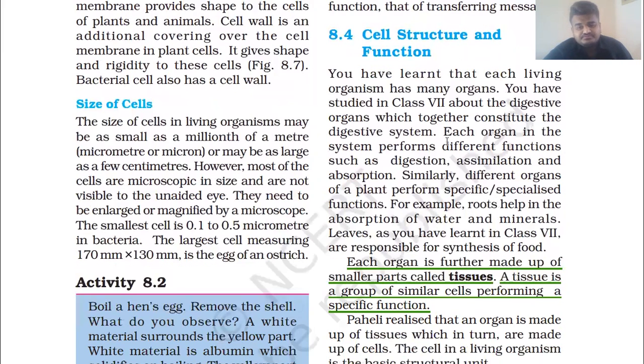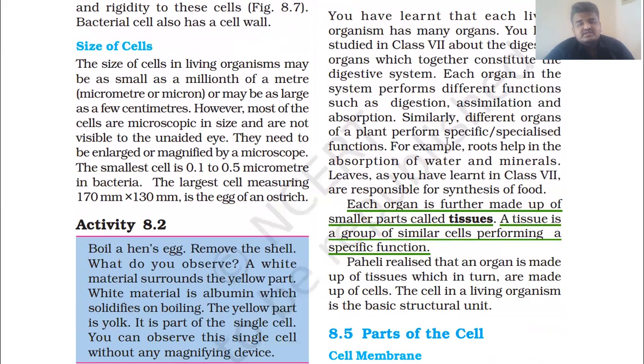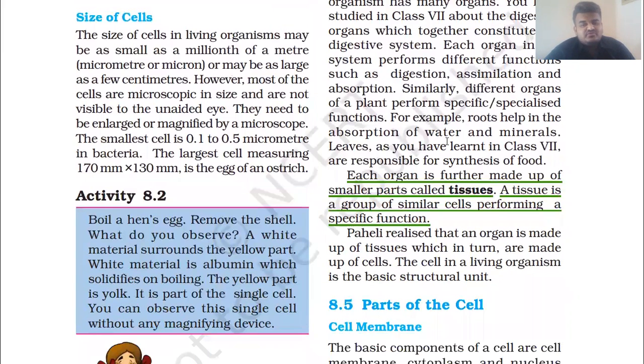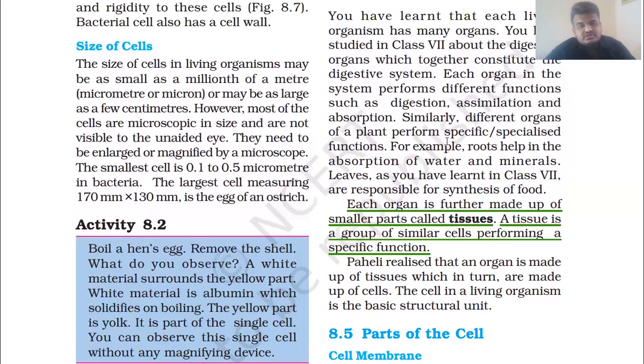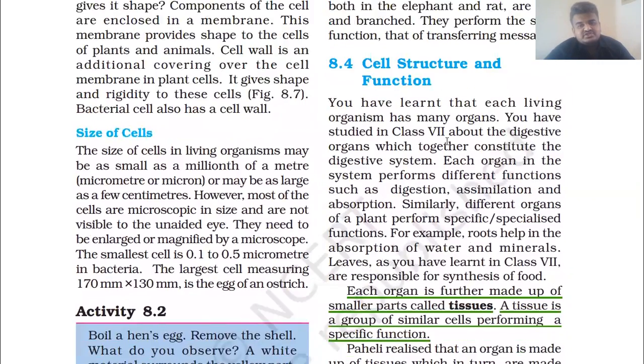Each organ is further made up of smaller parts, which are called tissues. A tissue is a group of similar cells performing a specific function. You can underline it. It is quite important; it is all we have to understand in this topic: cell structure and function.